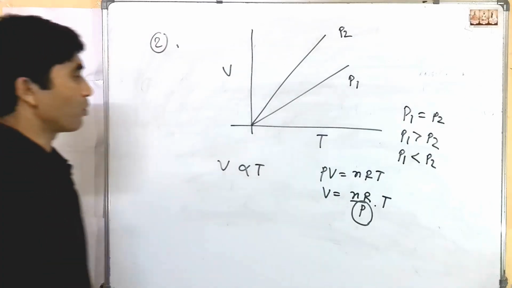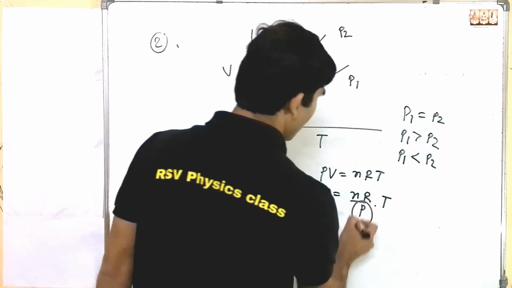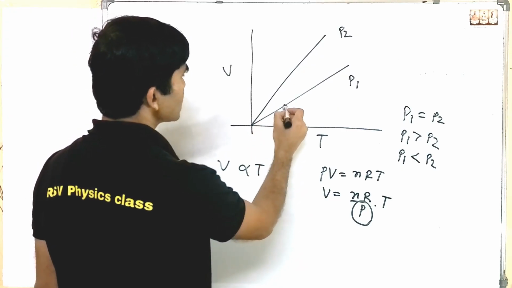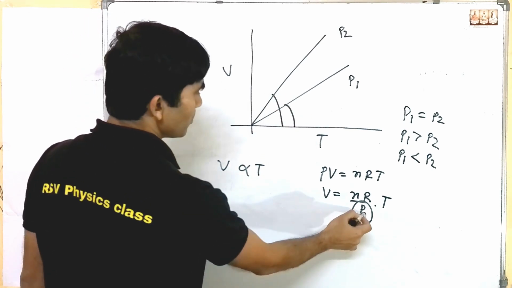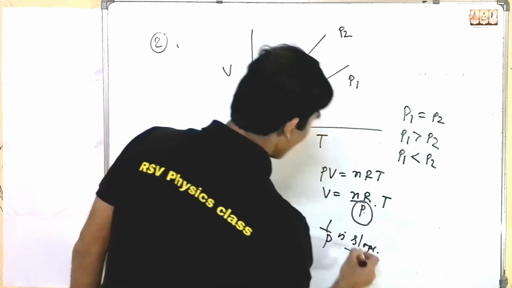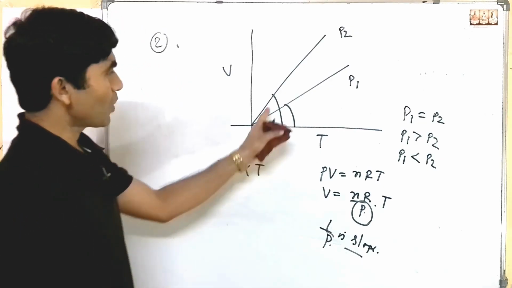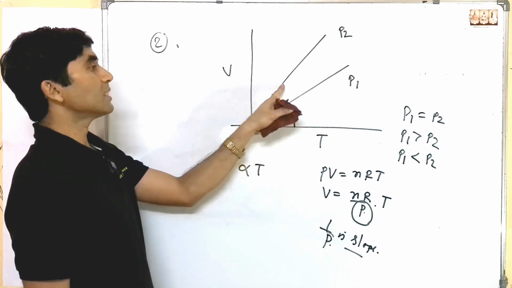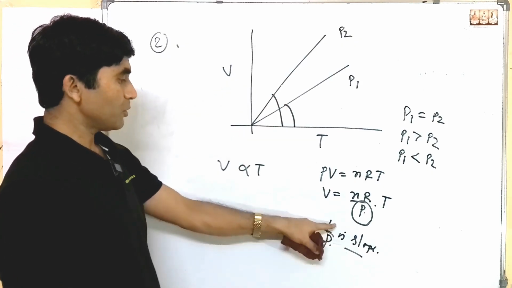So 1 upon P is the slope of this straight line equation. Which line has the lesser slope and which has the higher slope? The line with lesser slope has lesser 1 by P, which means P is greater. The graph of P2 has the higher slope, so 1 by P2 is higher, meaning P2 is less.